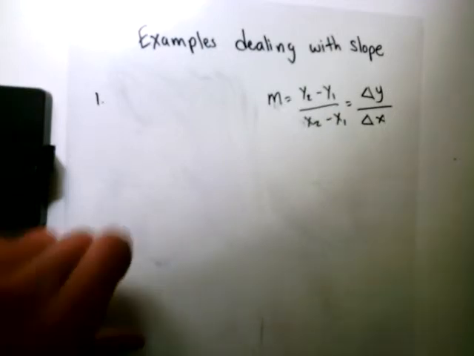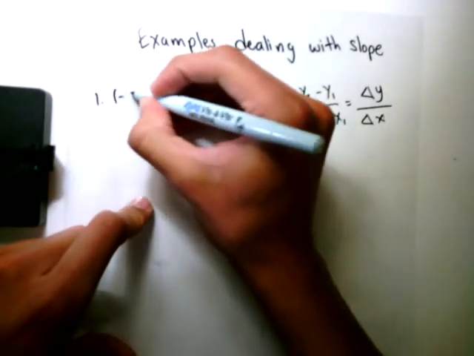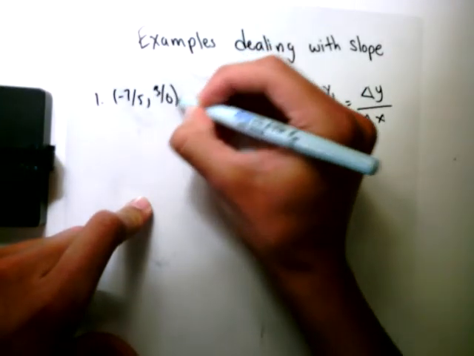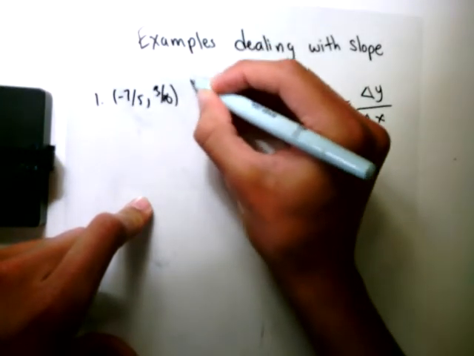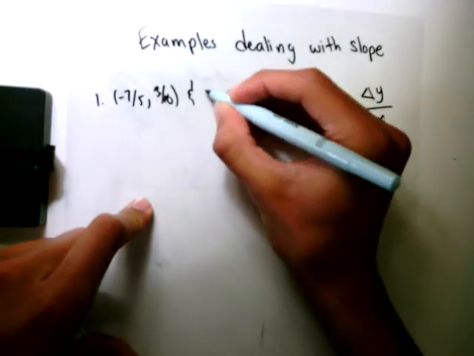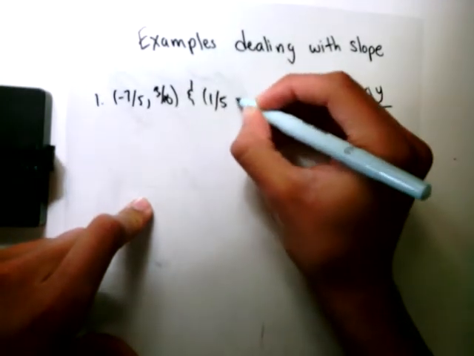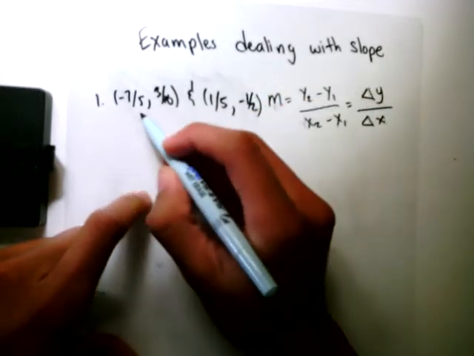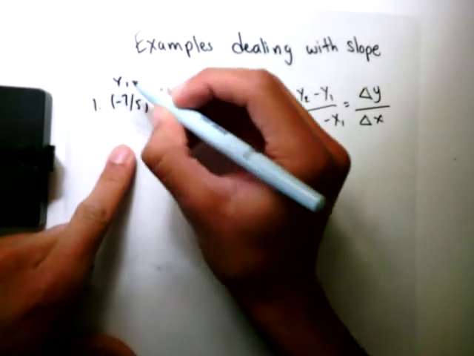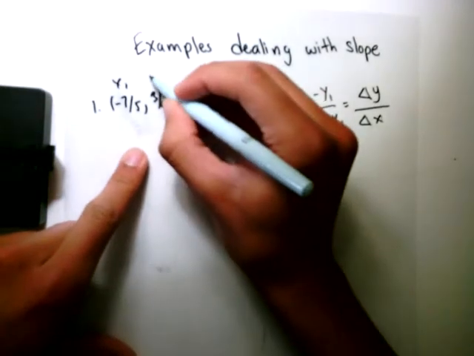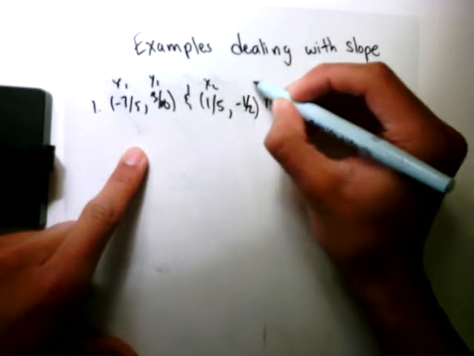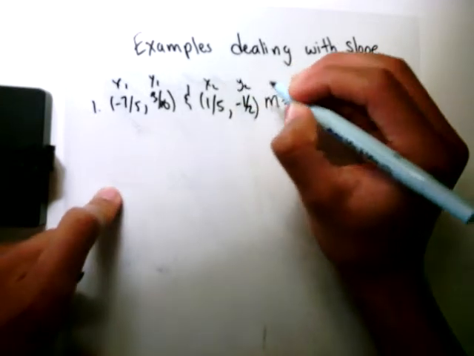Alright, moving along with our last example, we have (-7/5, 3/10) and (1/5, -1/2). Alright, so just repeat that. Our x1 is -7/5, our y1 is 3/10, our x2 is 1/5, and our y2 is -1/2.